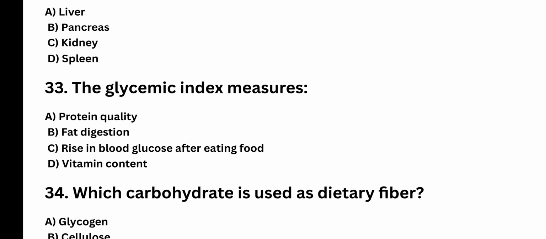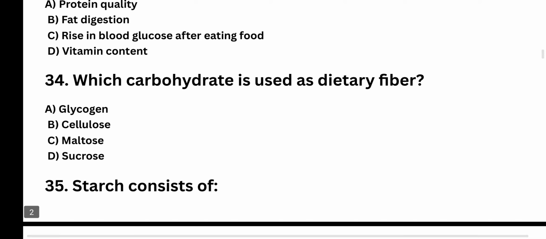33. The glycemic index measures. Options: protein quality, fat digestion, rise in blood glucose after eating food, vitamin content. Right answer is rise in blood glucose after eating food. 34. Which carbohydrate is used as dietary fiber?